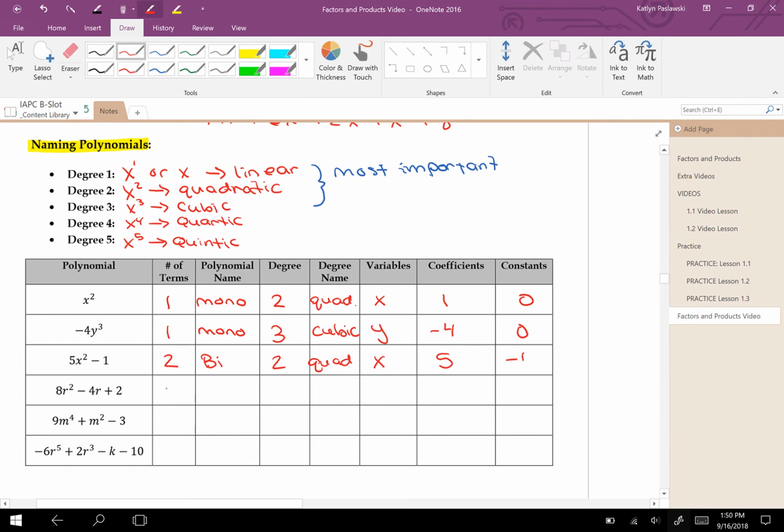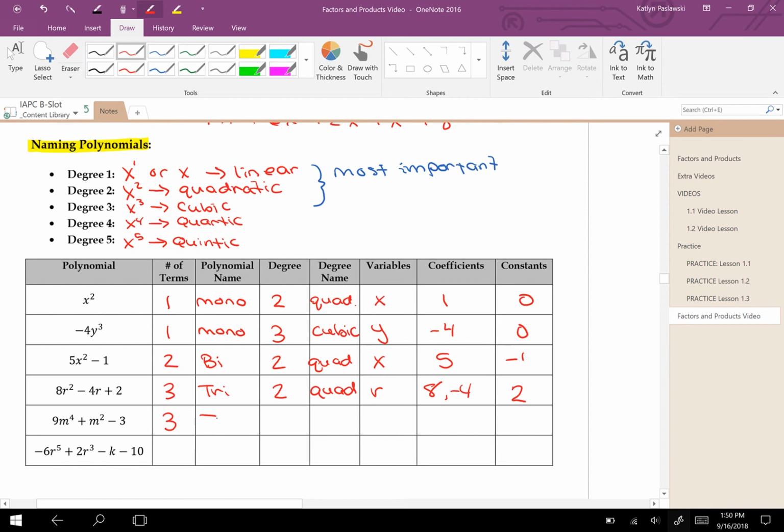Number of terms are separated by addition and subtraction, so we have 3 terms, therefore it's called a trinomial. The highest degree is 2, so this is also a quadratic. The variables, we're just listing them, so we have r. And the coefficients that go with r are 8 and -4, and gives us a constant of 2.